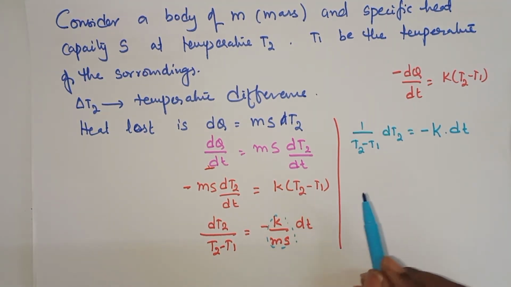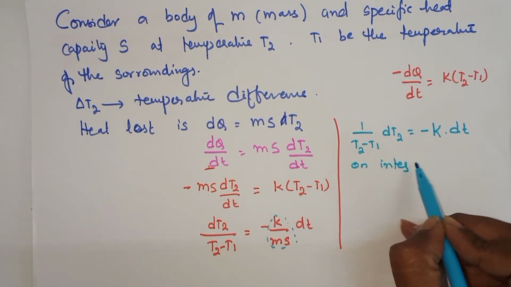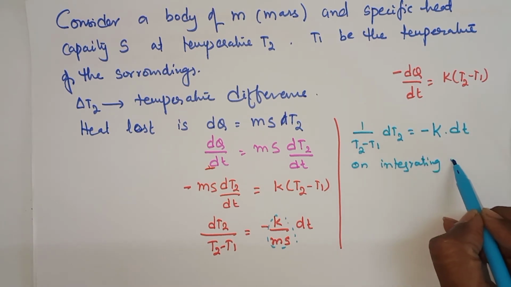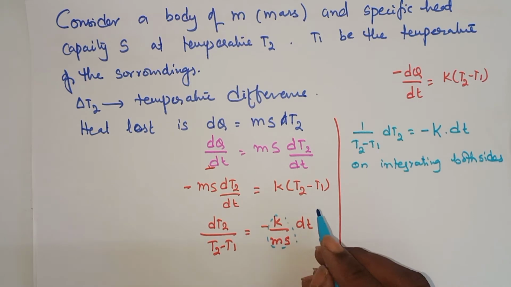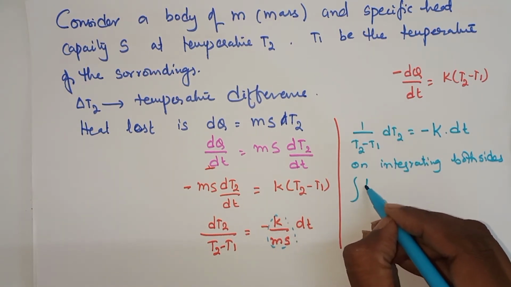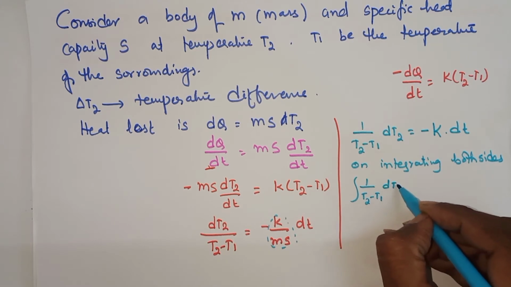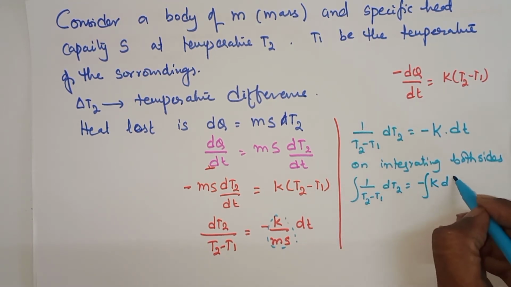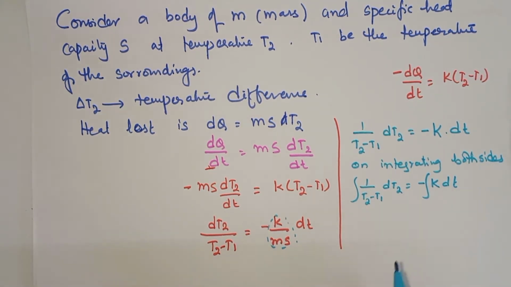Now on integrating both sides, what do you write it as? 1 by T2 minus T1 dT2 is equal to minus K integration dt. 1 by t dt, what is that?